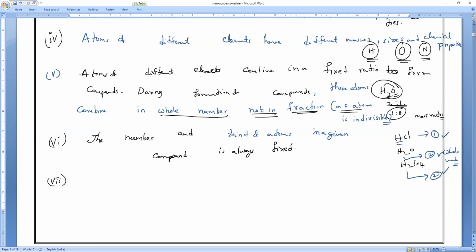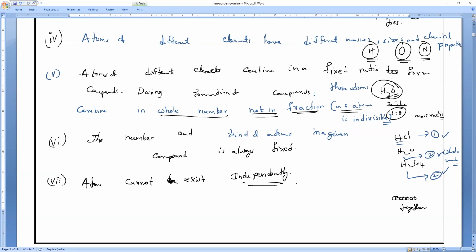Next, the sixth and seventh points. If you notice, atoms are always present together, so a single atom cannot exist independently. Atoms always take part in a chemical reaction to become stable.